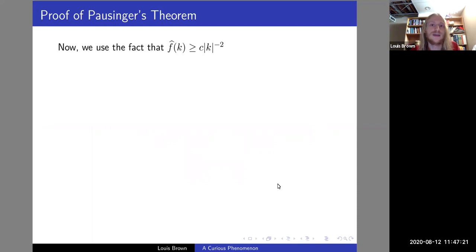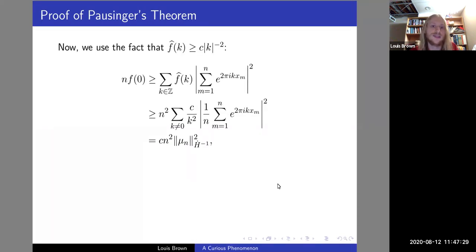Okay. And now we have to use our final condition that the Fourier coefficients are at least c over k squared. So we can just use this directly here. We have n times f of 0 is at least this expression, and then f hat of k is at least c over k squared.